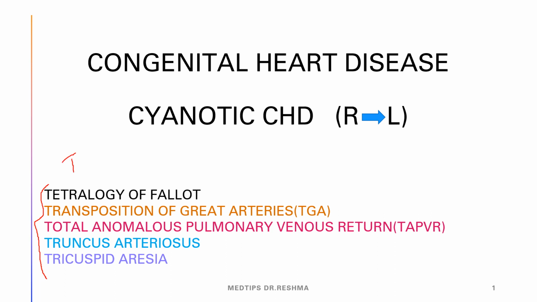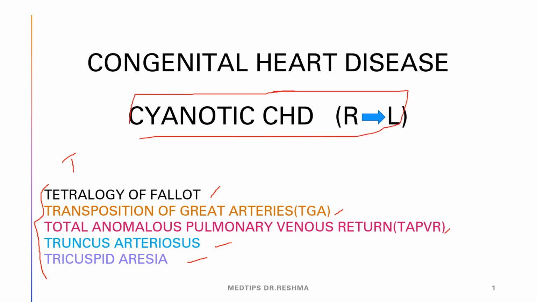The conditions are: tetralogy of Fallot, transposition of great arteries, TAPVR or total anomalous pulmonary venous return, truncus arteriosus, and tricuspid atresia. Again, all these come under cyanotic congenital heart disease. That means there will be a shunt from the right side of the heart to the left side.